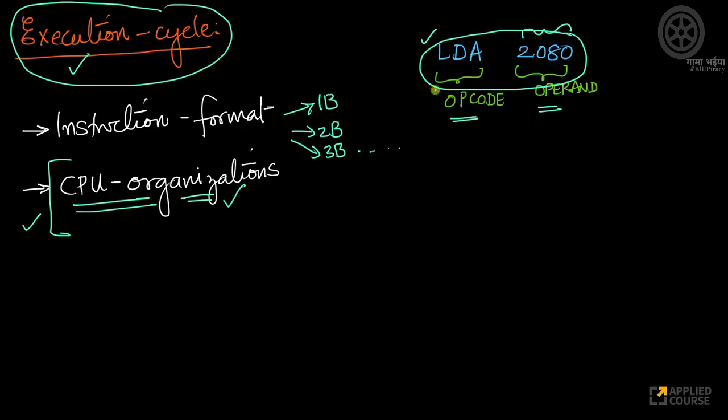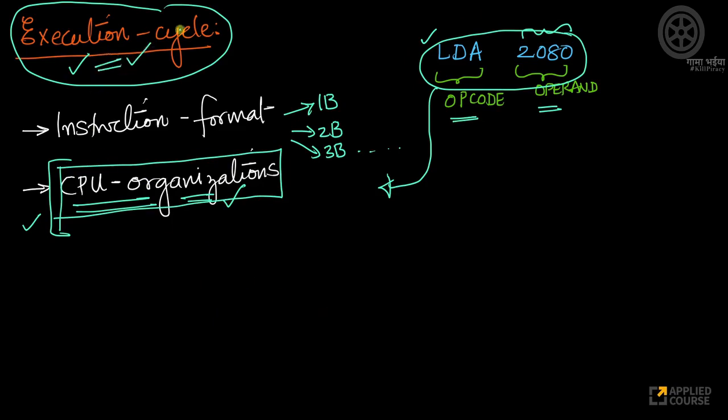Now we have to execute it. The way each of these instructions gets executed in the execution cycle depends a lot on how the CPU is organized logically, right? So we'll learn about multiple CPU organizations, and as we learn each one, we'll also learn what types of instruction formats, like 1-byte, 2-byte, 3-byte instructions, each CPU organization can facilitate.